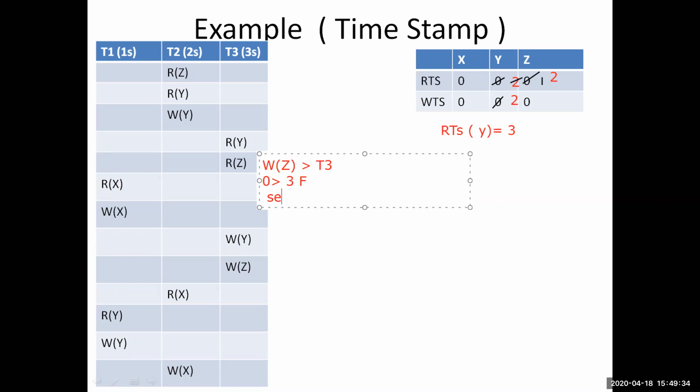So set the read timestamp of Z as the maximum of read of Z, comma, T3. Right now read of Z is 2, so the maximum of 2 comma 3 is 3. So read of Z, which was 2, is now 3; this 2 is cancelled.